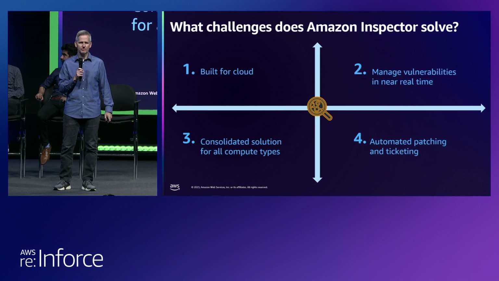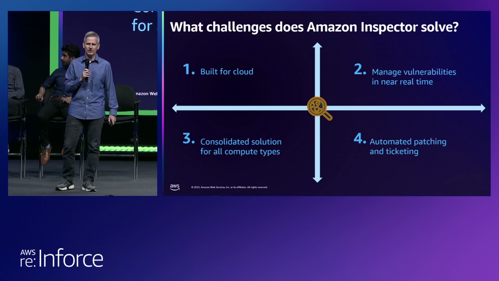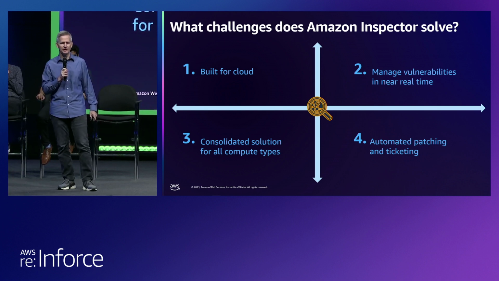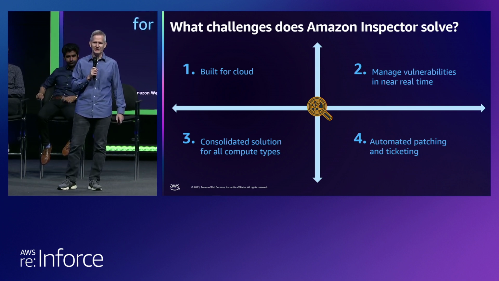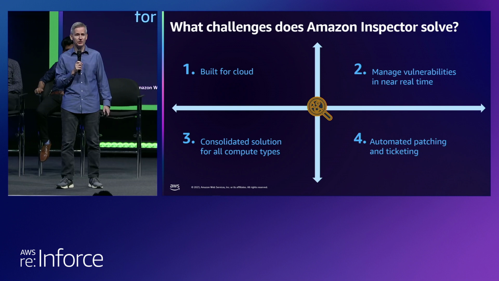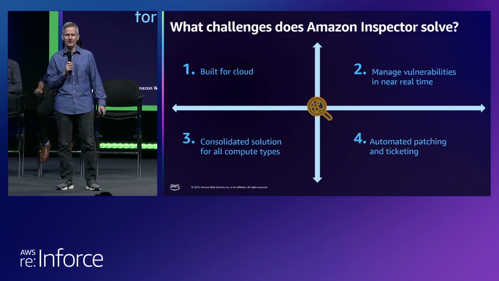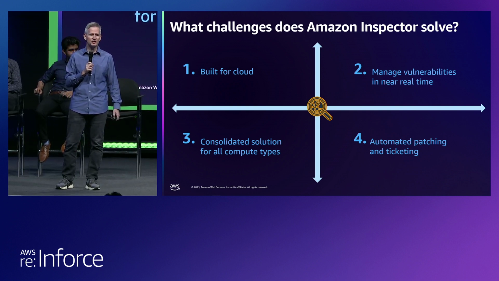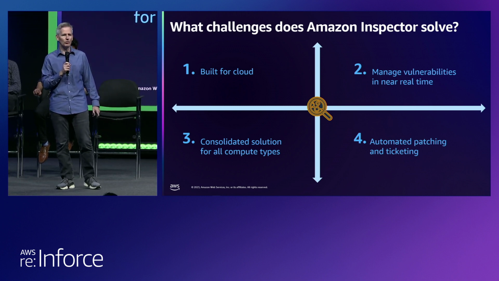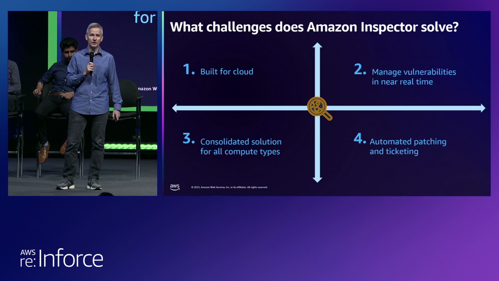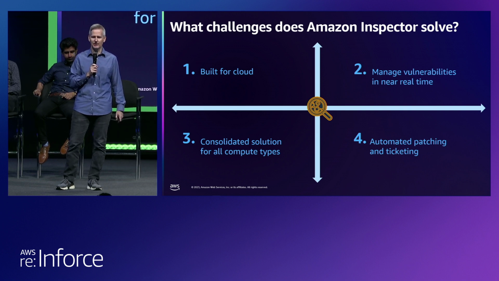Well, cloud is really flexible. You can easily spin up resources. You can grow your applications very quickly. You can tear them down very quickly. And traditional vulnerability management systems that ran on periodic schedules would just miss those resources. And customers said, we don't want any holes in our vulnerability management results. We want to see everything.